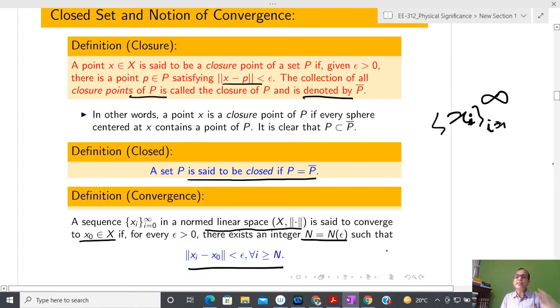So whenever a sequence is given to you and you have to prove that it has a limit or converges to some point x0, then this relation should be satisfied.